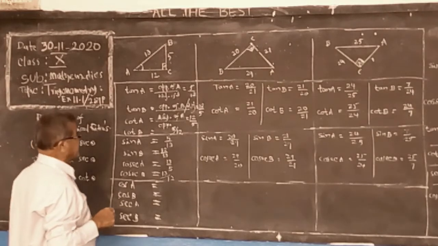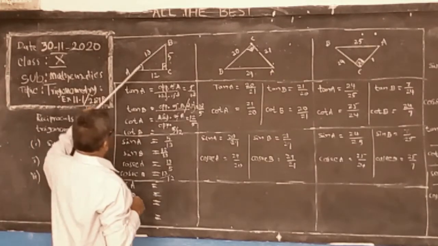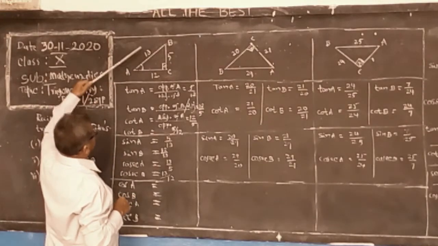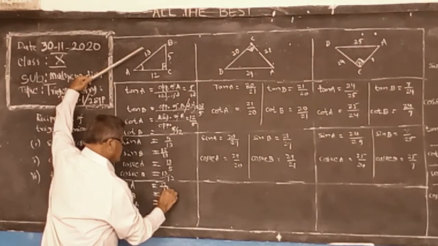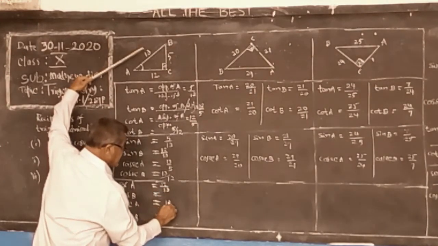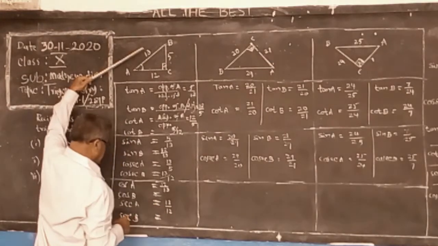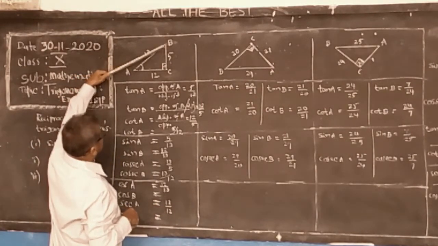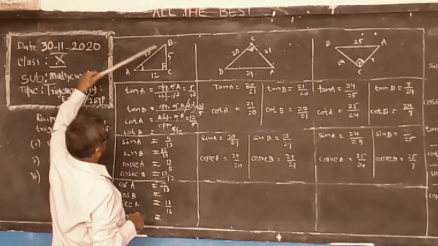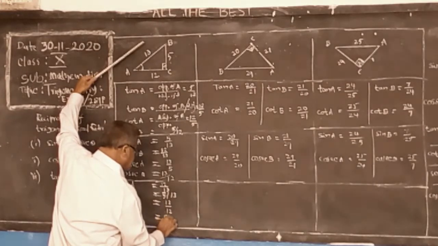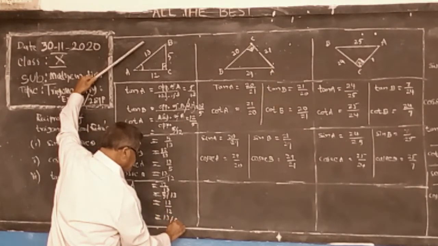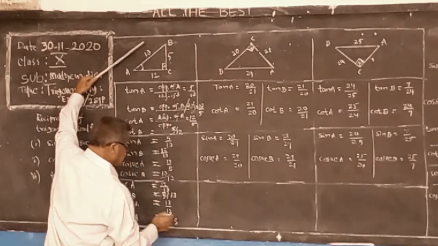Now cos A is here, adjacent side by hypotenuse, 12 by 13, and here sec A is 13 by 12. Similarly cos B is here, adjacent side 5 by 13, and this is 13 by 5, like this.